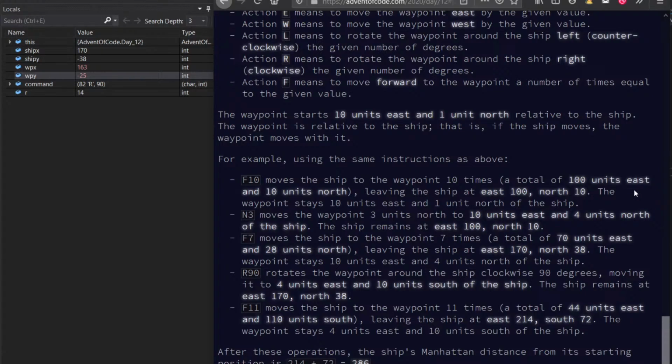When we rotate, we should get 174 and negative, what did that say? 10 units south of the ship, which would be negative 38. Okay.